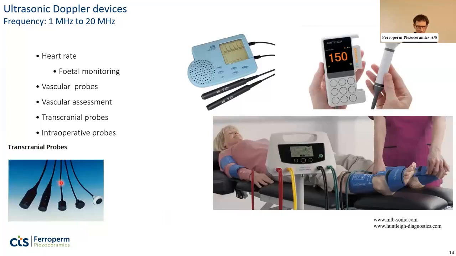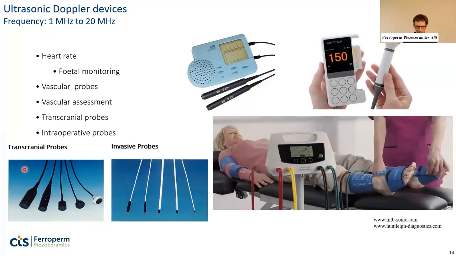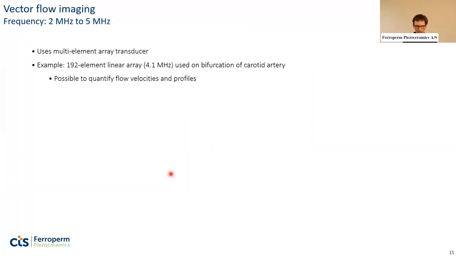These are examples of transcranial probes where you can actually measure through the skull, and invasive probes that can also be inserted inside the body, possibly during operations. A further case of blood flow monitoring is an advanced one, the vector flow imaging, typically operating between 2 and 5 megahertz.